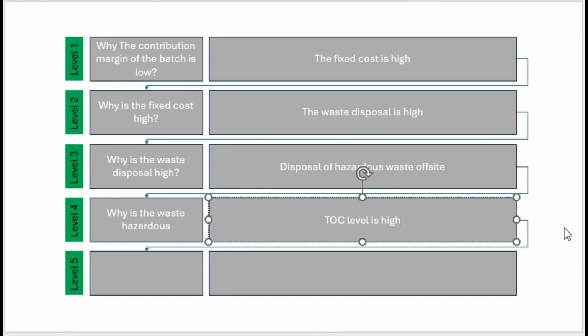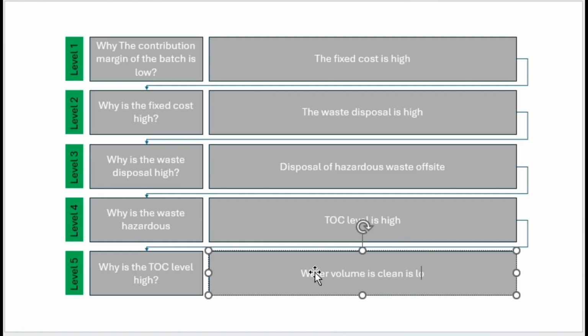You already knew your issue, but you could even go further. You could say, okay, why is the TOC level high? Then you could say, okay, because the water volume for the clean is low. Or it could be multiple reasons.